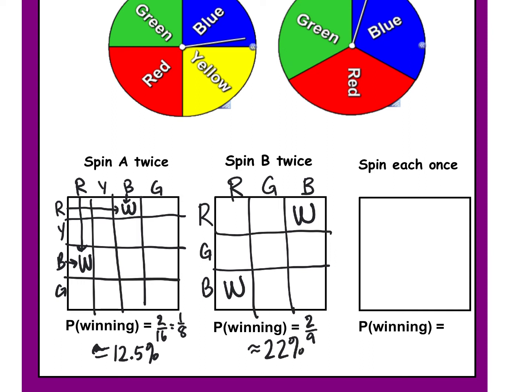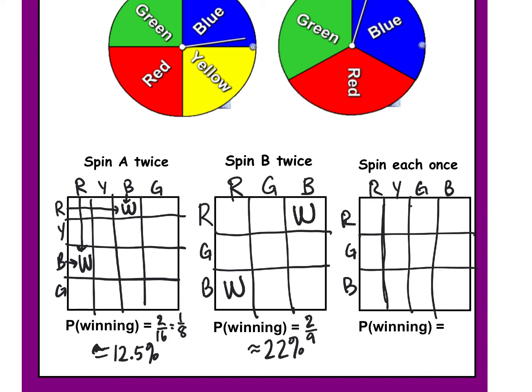And then finally, what if we spin each spinner once? Let's see, red, yellow, green, blue. That's if we spin A first, and then we have red, green, blue on the side. So we're going to have 4 columns going down. Didn't do that too neatly. And then 3 rows going across.